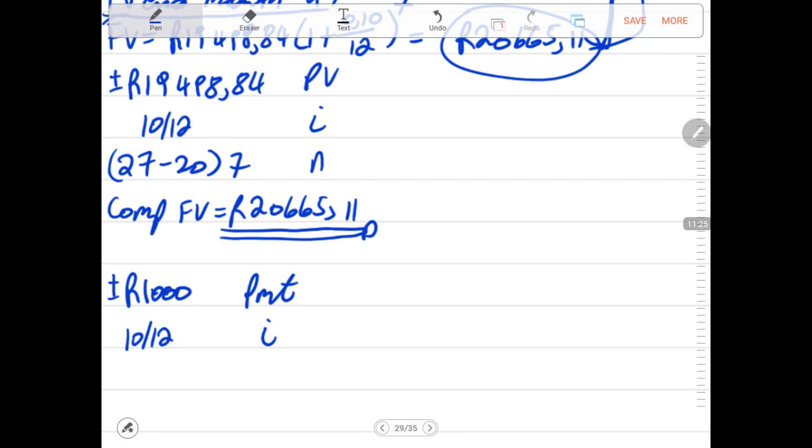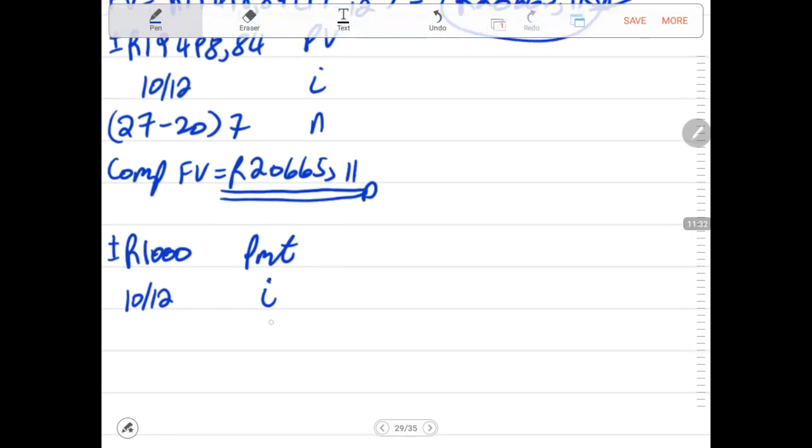Every time this person withdraws, there will still be interest added for that period based on the balance at the beginning of the period. We don't know our n, but we know the present value, it is 20,665 rand 11 cents. Then we compute n.